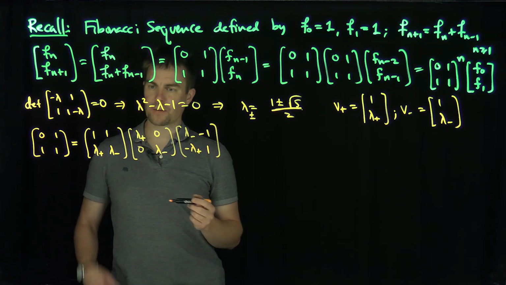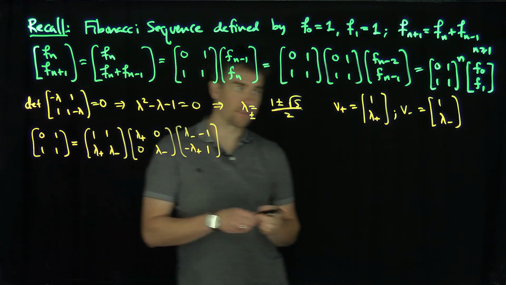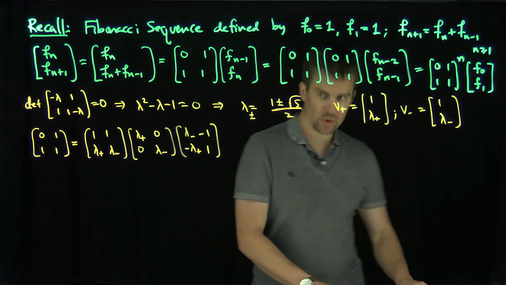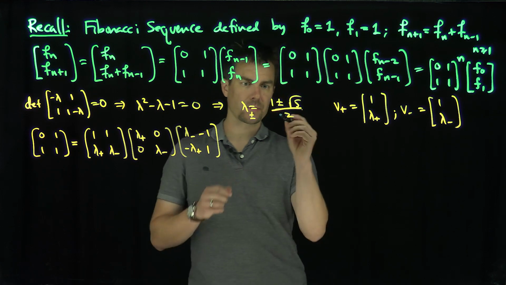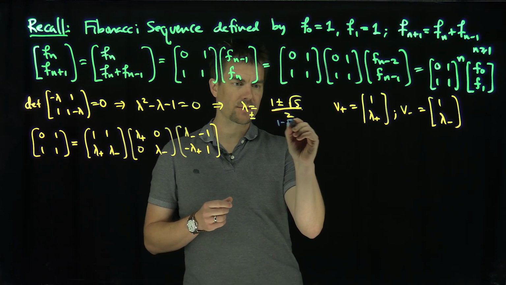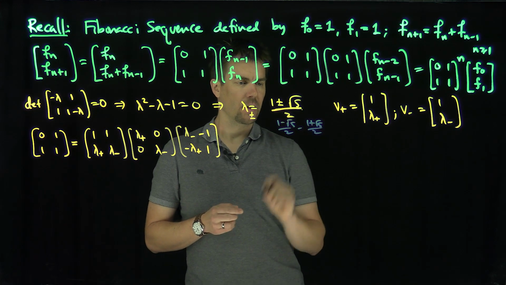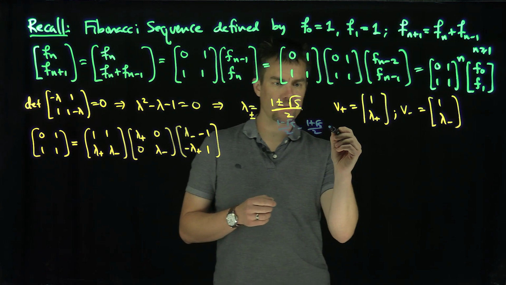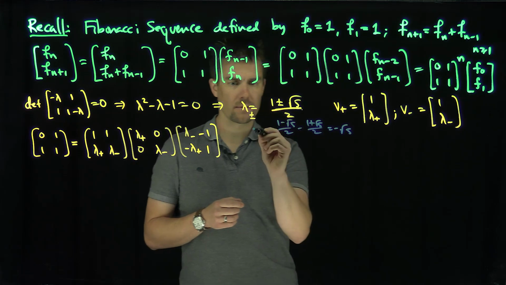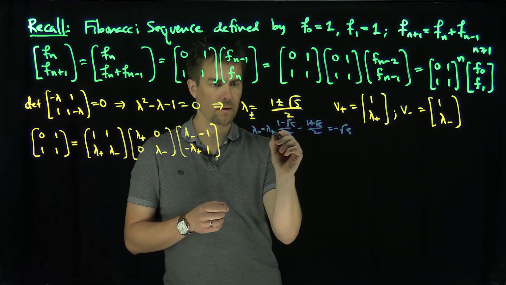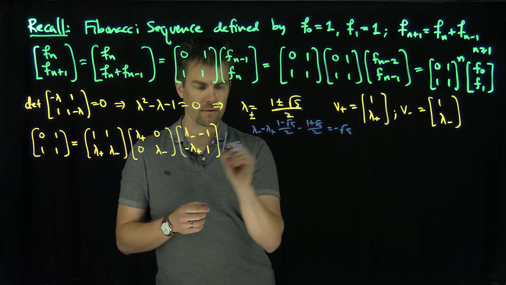The determinant in this case is lambda minus minus lambda plus. Let's check what that is real fast. What is lambda minus minus lambda plus? The 1 has to cancel out, and you get a negative root 5. So I divide by negative square root 5 over there.